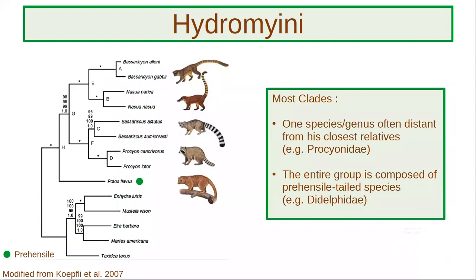So oftentimes when we want to do comparative analysis implying prehensile species, you find two main cases. Either you have in one clade one prehensile species or genus, like with the kinkajou, or you will find a whole clade composed of prehensile species like the didelphids.